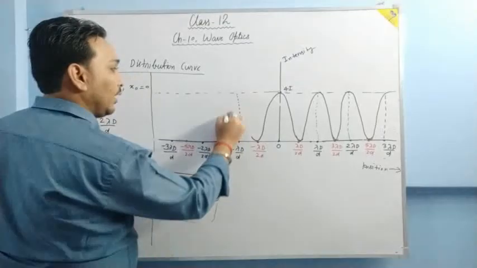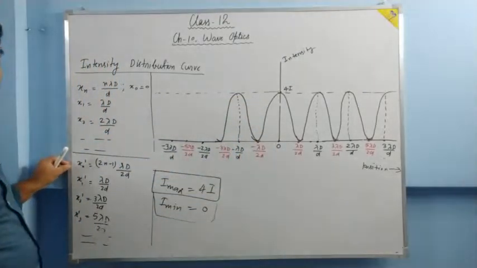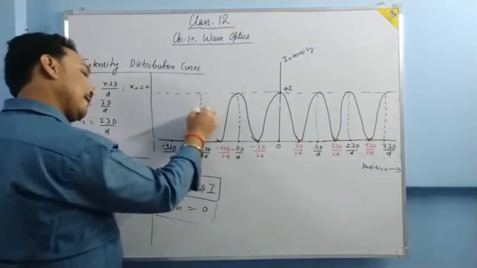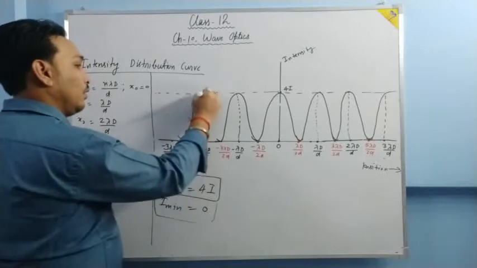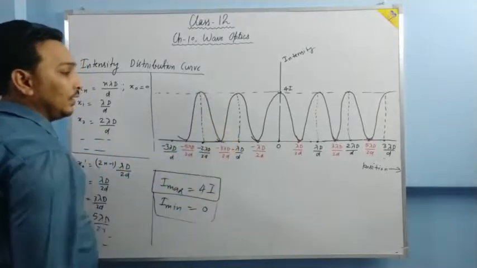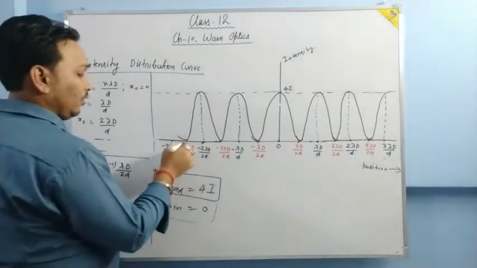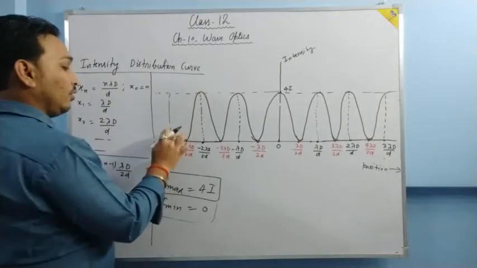How will the graph be like? The graph will be like this. Is it clear? The second maximum is at minus 2 lambda D by d. How will the graph be? The graph will be like this. Okay. Now the next maximum will be minus 3 lambda D by d. Then how will the graph be like?